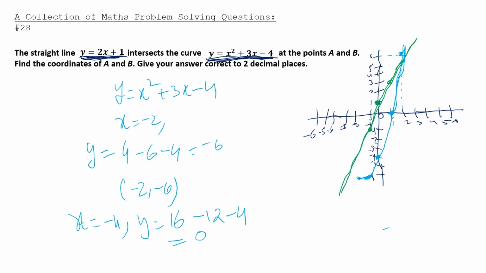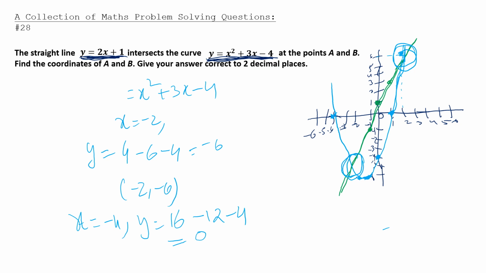Yes, that's right. So that would be the other point. It's here. The curve is going up. So one of the points of intersection is here. The other point is somewhere here.